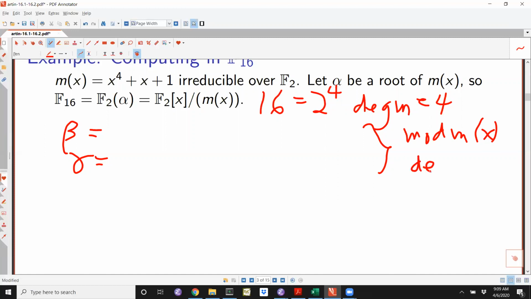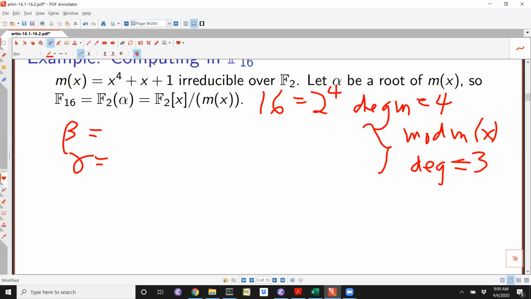So we end up with things of degree less than or equal to 3. And so if alpha is a root of m of x, then every element of F16 can be expressed uniquely as a polynomial in alpha of degree less than or equal to 3.